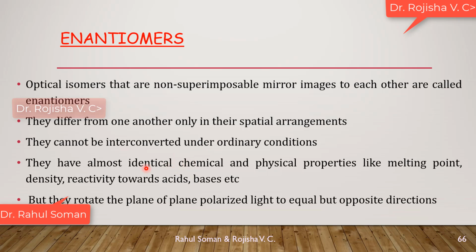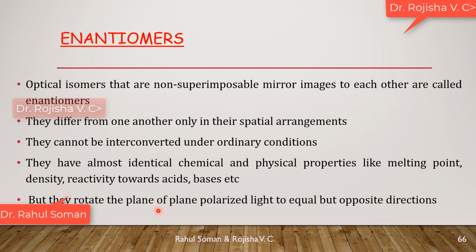And interestingly, the chemical properties, melting point, density, and reactivity will be almost similar for the enantiomers. The only difference is that they will rotate the plane polarized light in opposite directions. The magnitude will be the same.